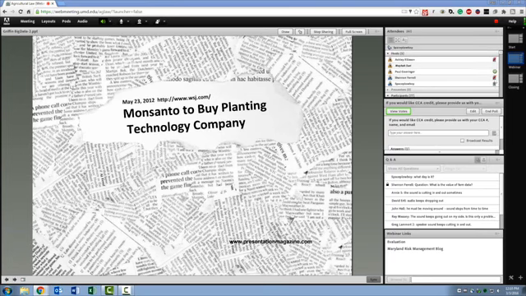Four years ago, one of the headlines that sent ripples throughout our industry was when Monsanto bought a planting hardware company that had some software. This is one of the major events in precision ag that got us thinking about big data in agriculture.